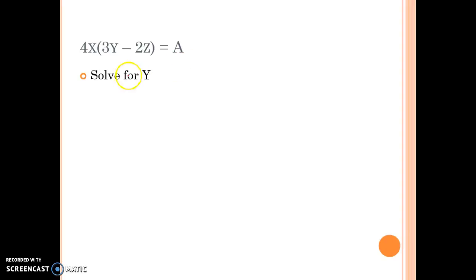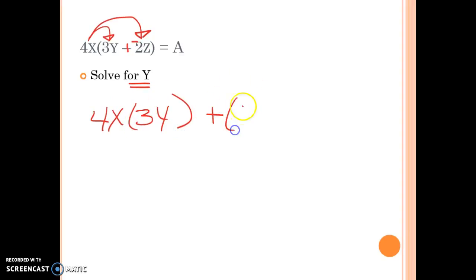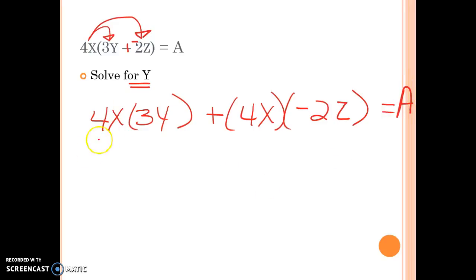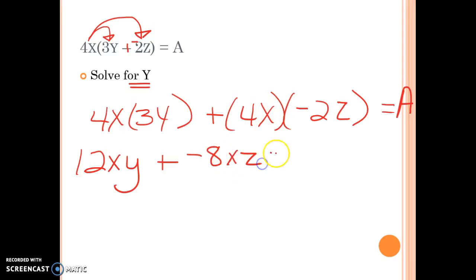Right now it's being solved for A. We are told to solve for Y. First step, let's distribute that 4x to both members of the parentheses after we change this to addition of the opposite. 4x multiplied by 3y plus 4x multiplied by a negative 2z is equal to A. Multiply this out. 4 times 3 is 12, x times y. 4 times negative 2 gives us negative 8, x times z gives us xz.